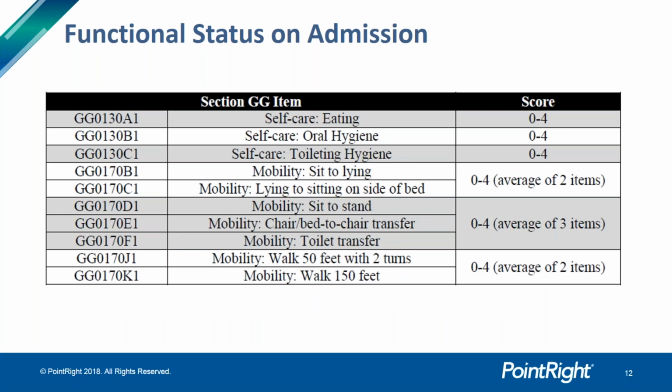So what you'll notice is we have an assortment of items that we're looking at. Some of them are scored individually. So we look at the components from 1 to 4 for the self-care items. And then in the subsequent mobility items, they're averages of 2 or more items at a time, which is an interesting method to use.